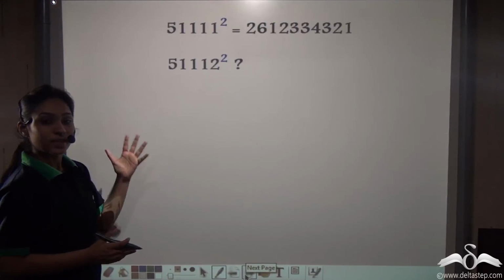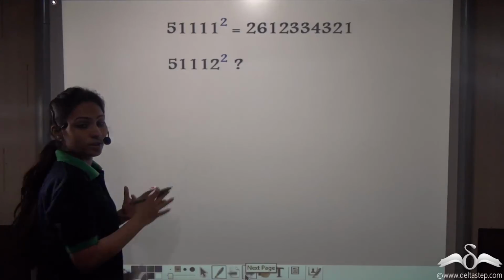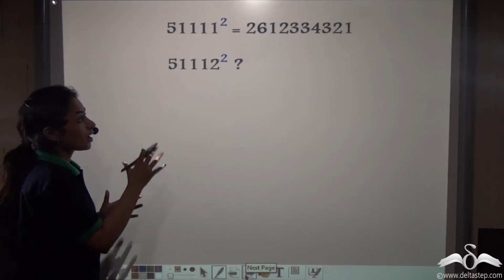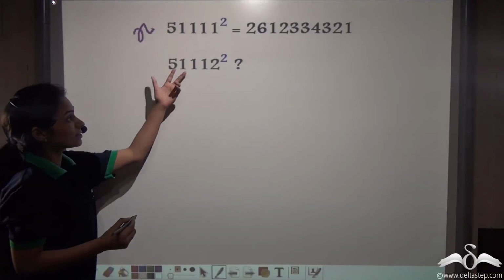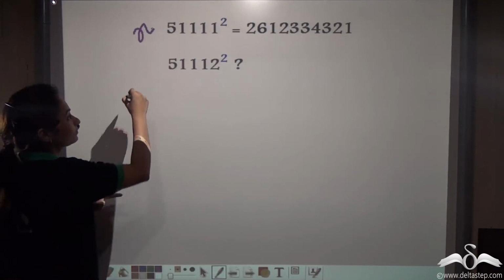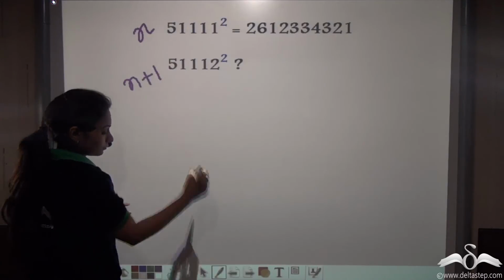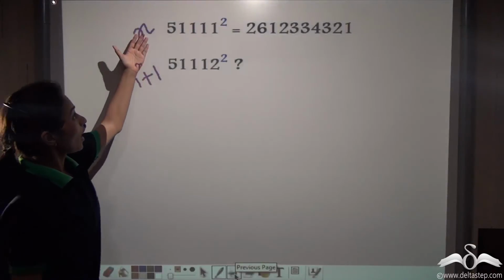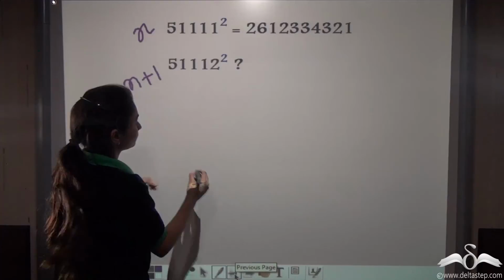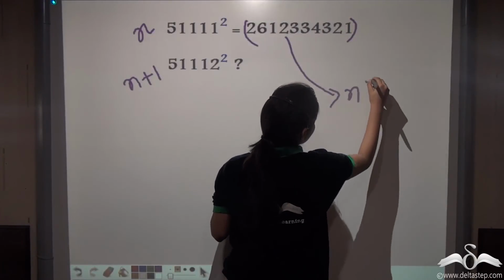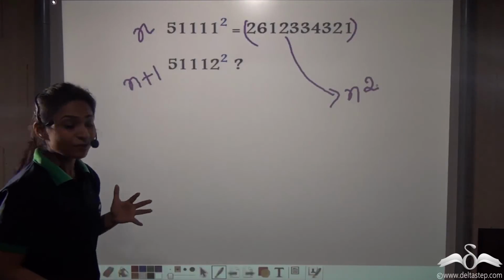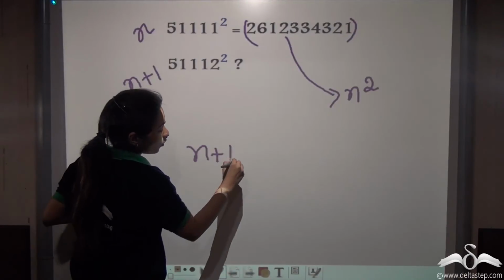So now with this relationship you can find out the square of this number. Here what is n? n is the first number. And this is what? Just n plus 1. So n square is this. This is n square. And what we have to find out is n plus 1 whole square.